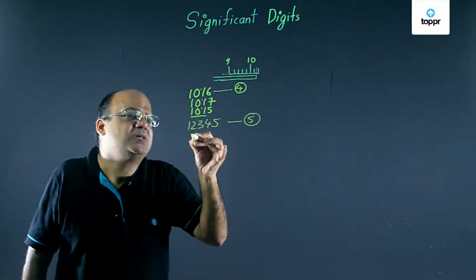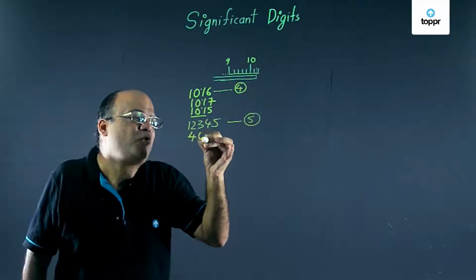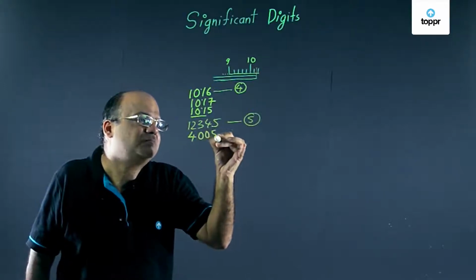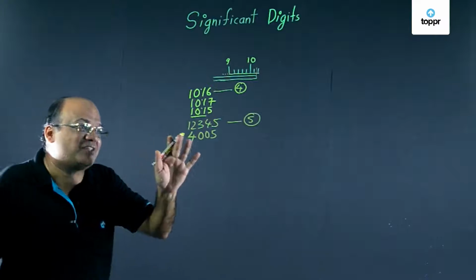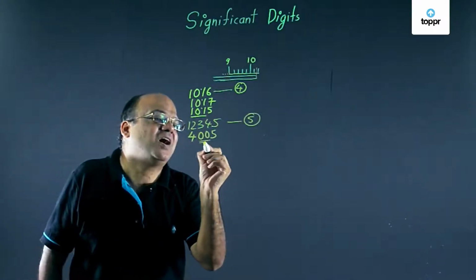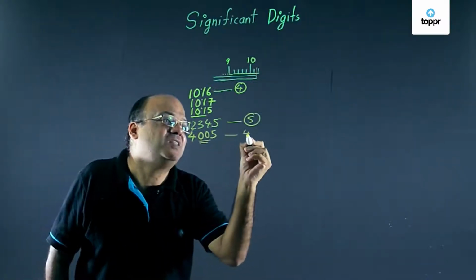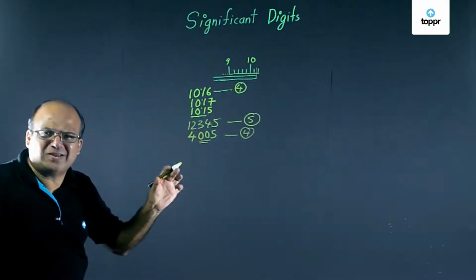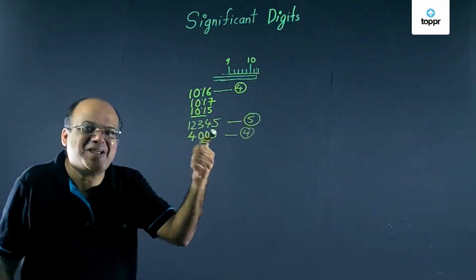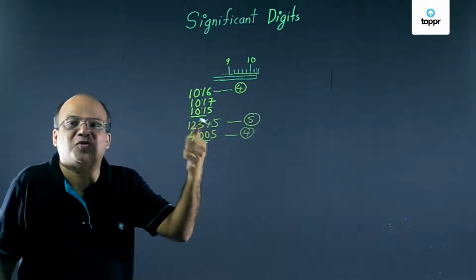For example, if a reading is 4005, how many significant digits? No, not 2, it is 4. These zeros are significant, and these zeros are called confined zeros, because they are confined between 2 non-zero digits.